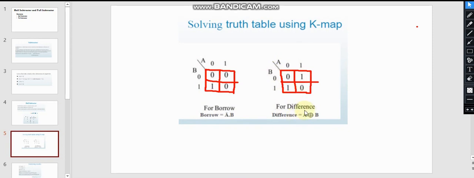So this difference can be described by the exclusive OR gate. Now the next step after getting the logical expression for the output is to construct the circuit.